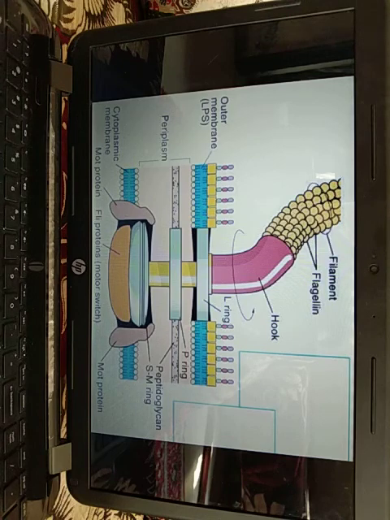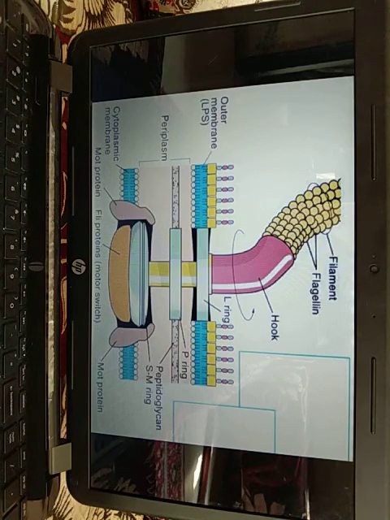Fimbriae are small bristle-like fibers sprouting from the cell surface in large numbers. There are 300 to 400 of them per cell. The diameter is 3 to 10 nanometer, while the length is 0.5 to 1.5 micrometer.